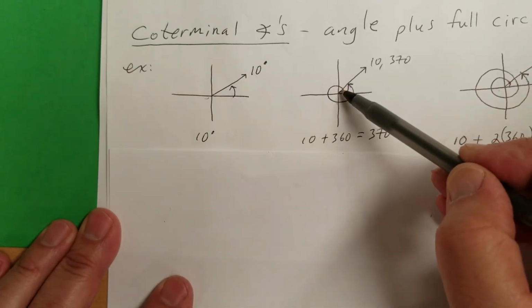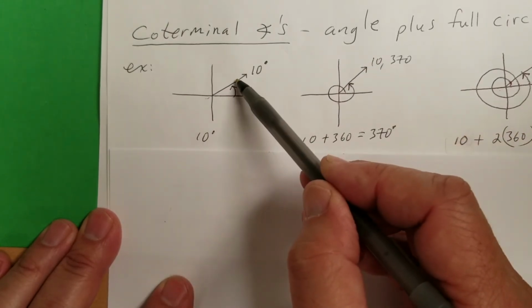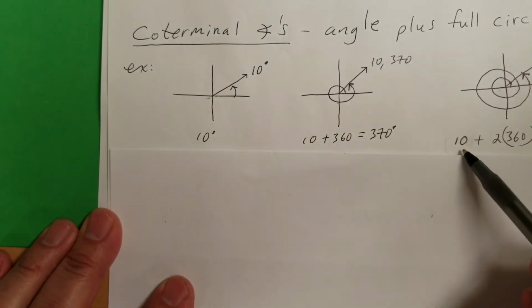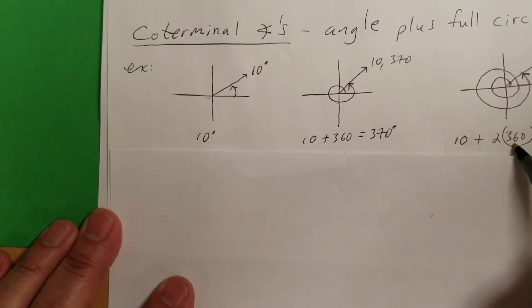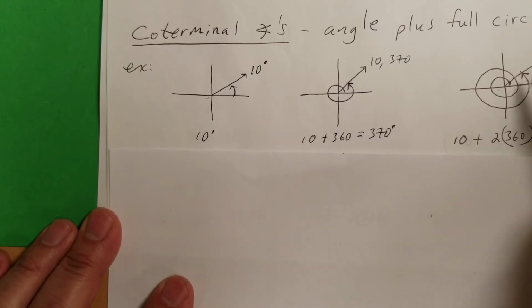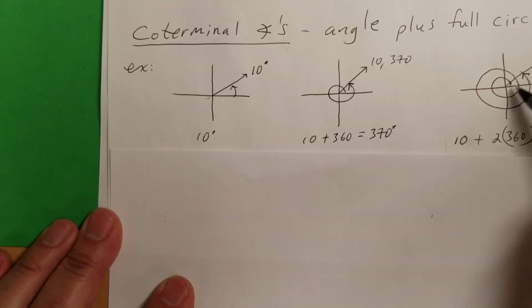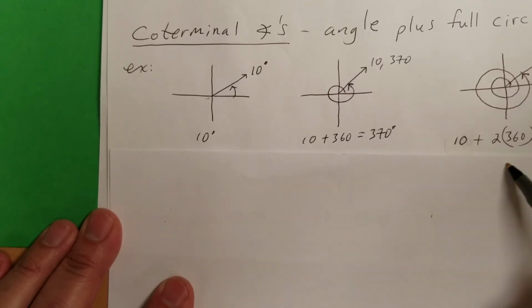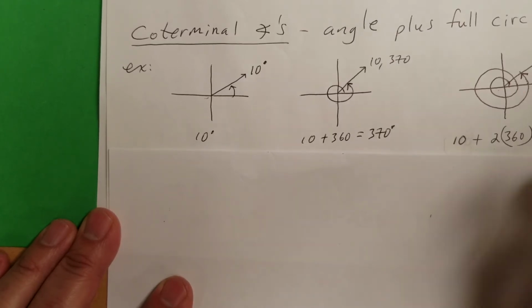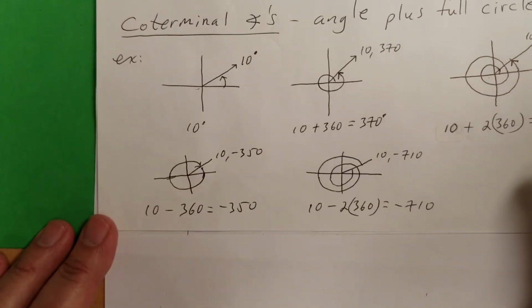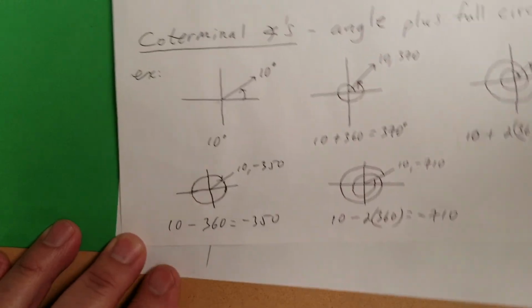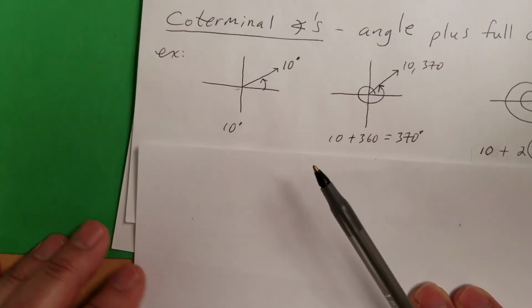What that means is they end at the same place. And you can keep doing this, right? 10 plus 2 full circles, and you have another angle at the same place. 10 plus 3 circles will be in the same place. 10 plus 100 circles will be in the same place. On and on and on. They will all be coterminal. They'll all end up in the same place.